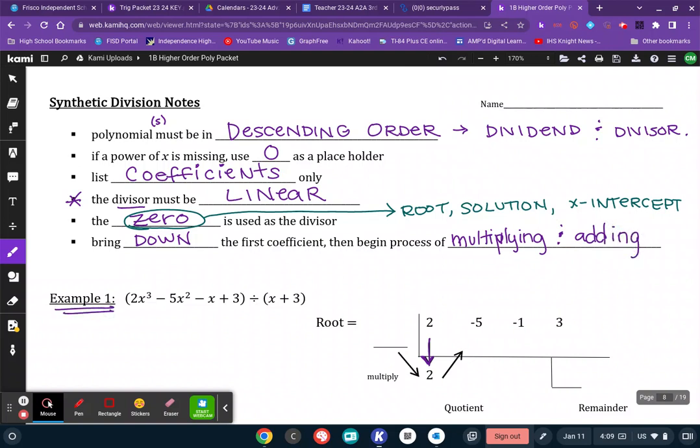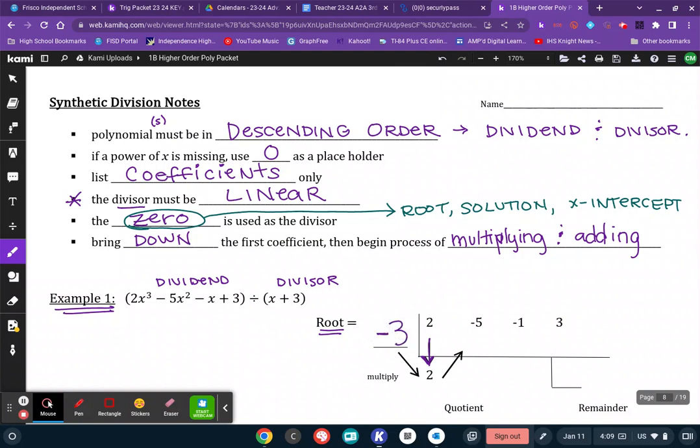Here's our first example. This is my dividend. Here is my divisor. The divisor is written in a factored form, written as a factor. If the factor is x plus 3, then that means the root is negative 3.